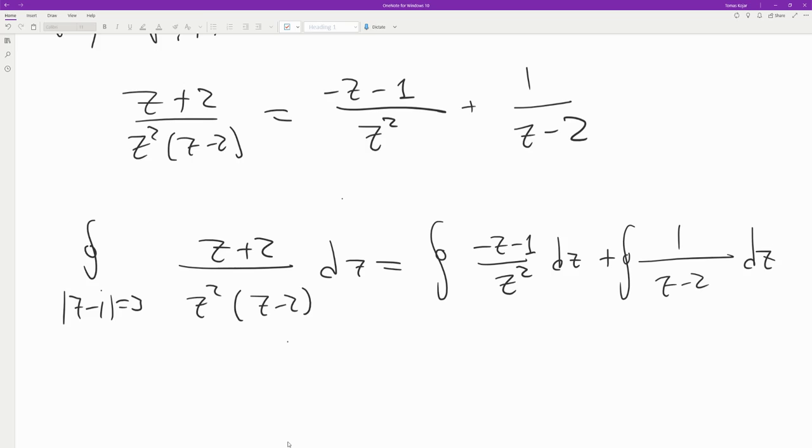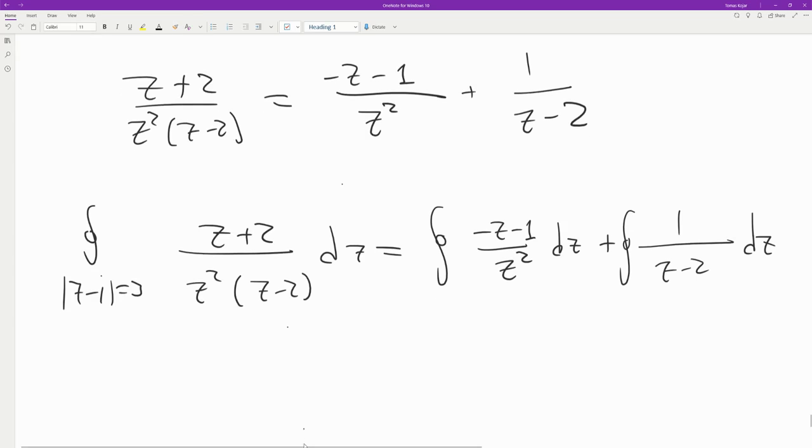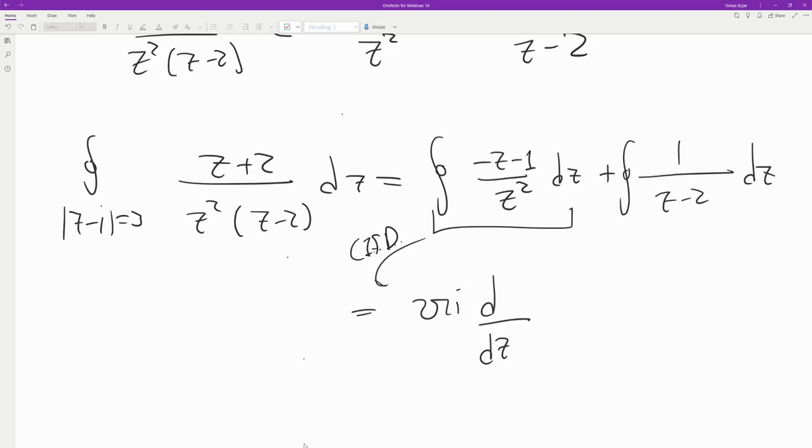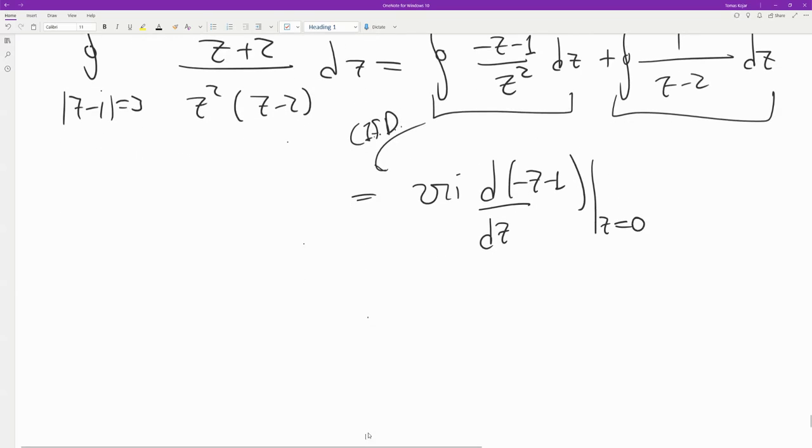Okay, and now let's do Cauchy integral. So this guy is Cauchy integral for derivative. So 2 pi i derivative of minus z minus 1 at 0. And this guy is just Cauchy integral formula. Okay, so you just have 2 pi i of constant. This is like f.